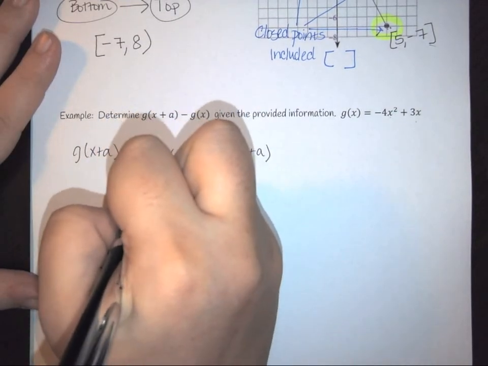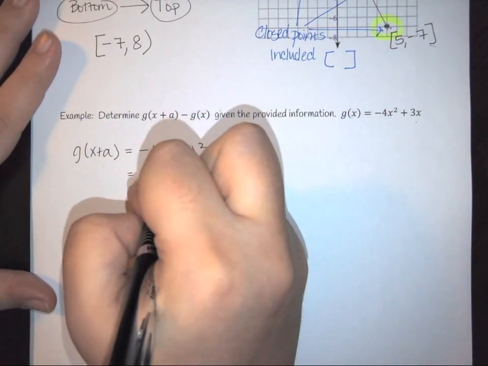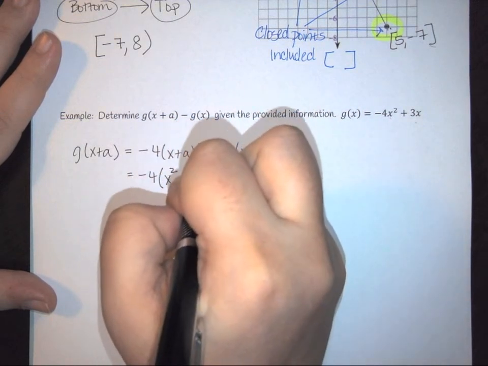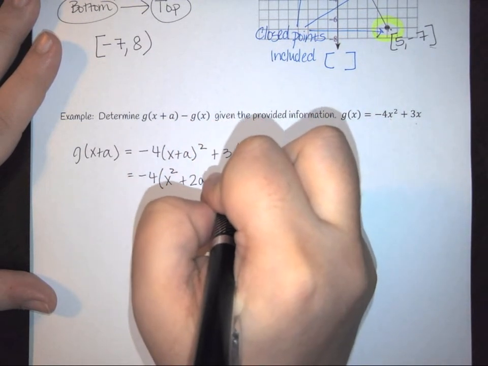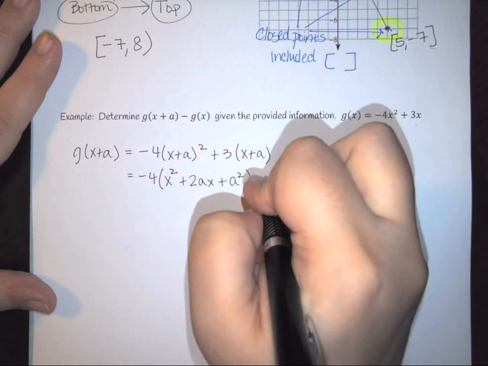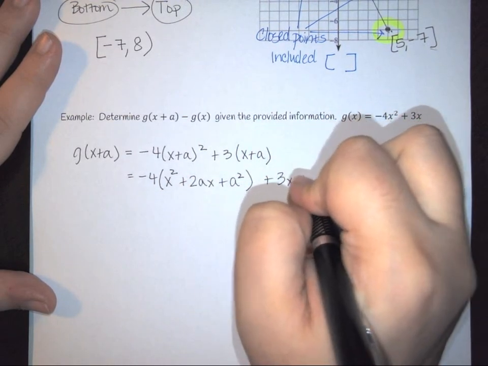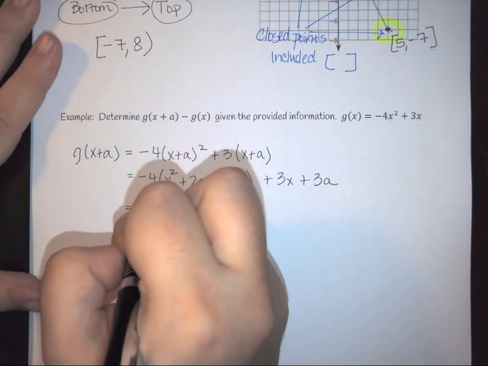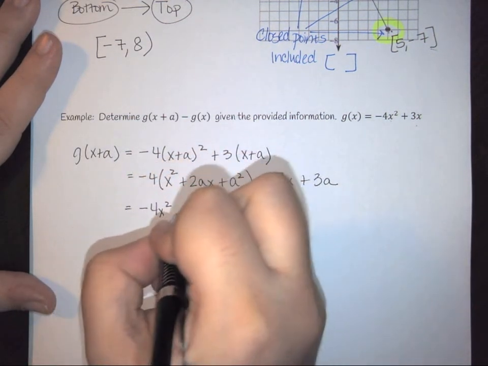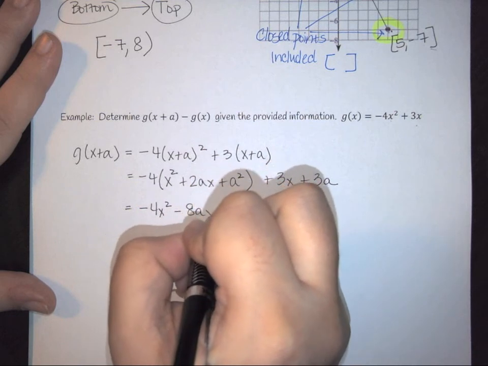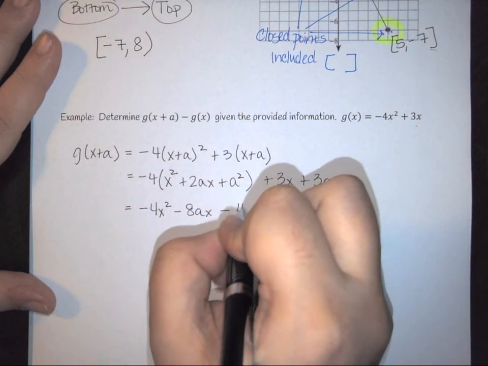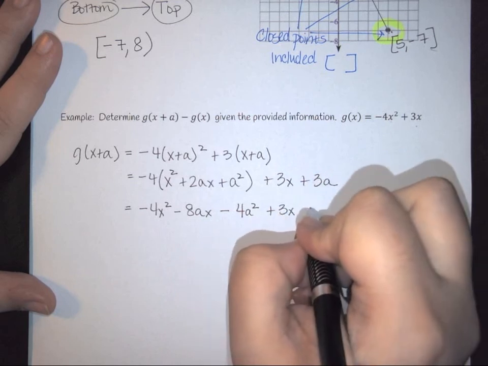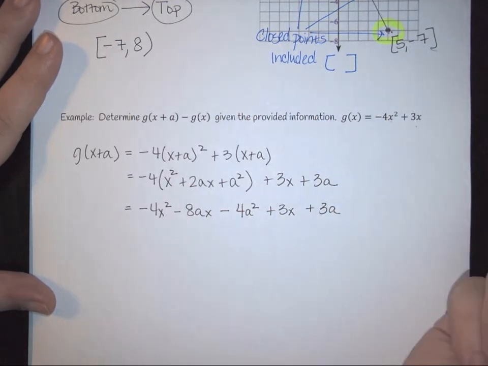So this is going to be -4 times x squared plus 2ax plus a squared, plus 3x plus 3a. Distribute my 4 and we get -4x squared minus 8ax minus 4a squared plus 3x plus 3a.